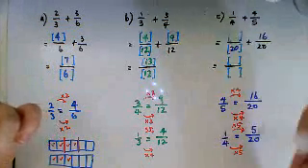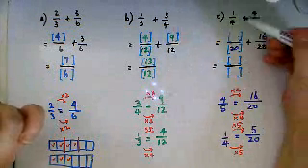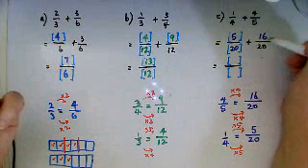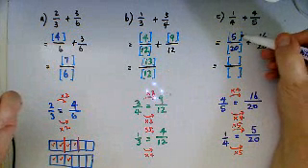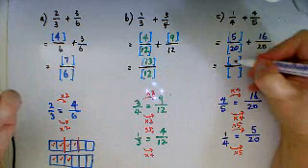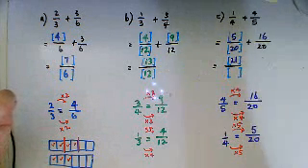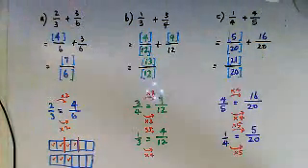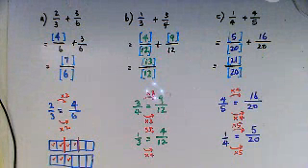So 1/4 equals 5 over 20, plus the 16 over 20. 5 plus 16 is 21 over 20. So there are your answers.